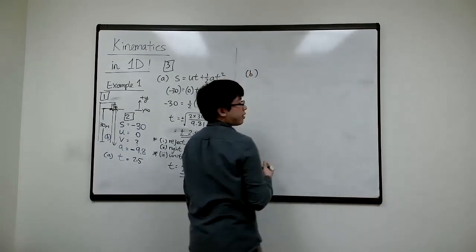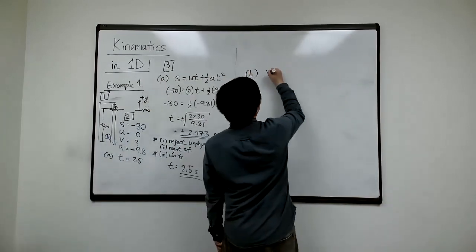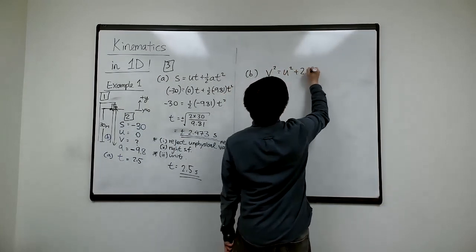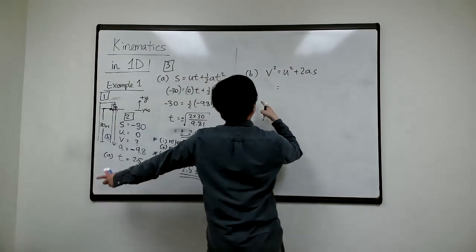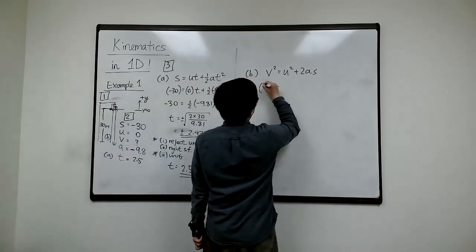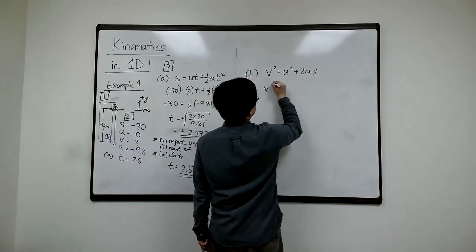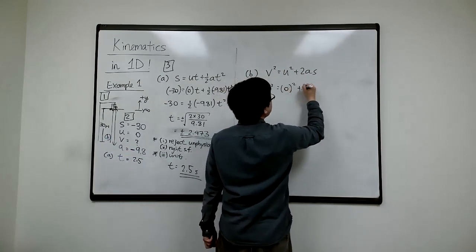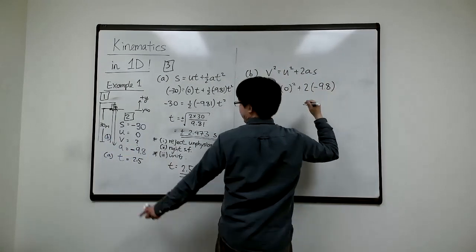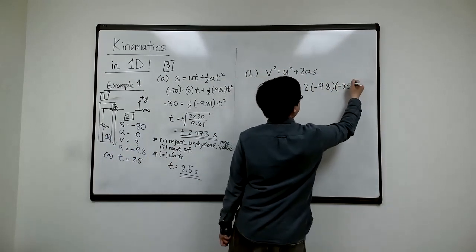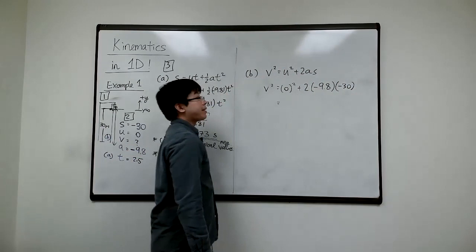So we'll repeat it. First step, write down the equation you're going to use. Second step, plug in all the givens. So V, I don't know what that is, so that stays as V squared. U is 0, 2, A is minus 9.8. Let's keep it as 2 significant figures. And S is minus 30. Okay. Remember, the minus signs are important.